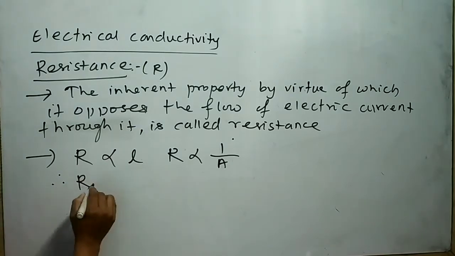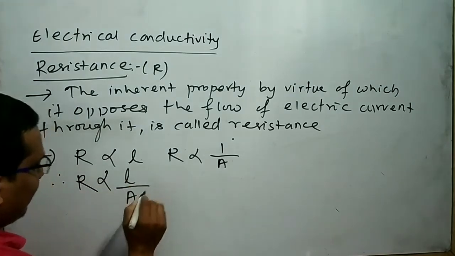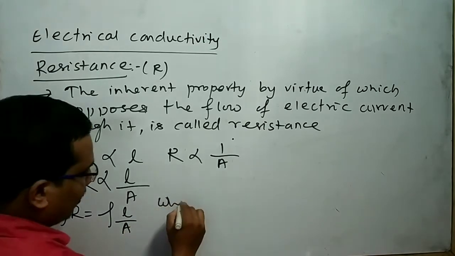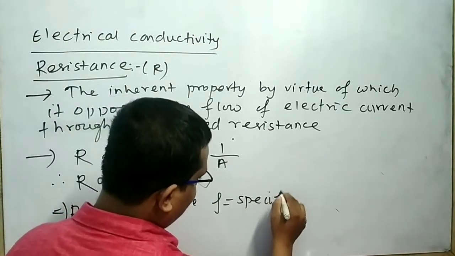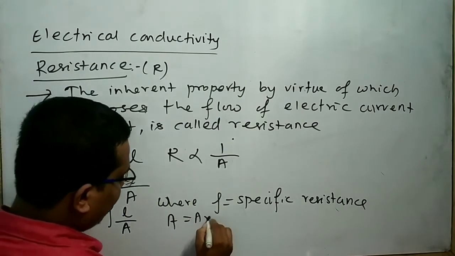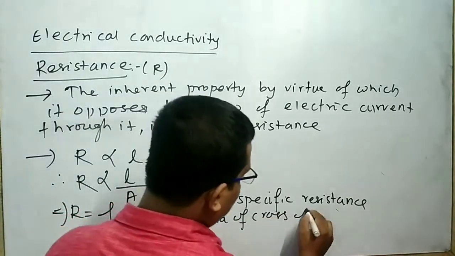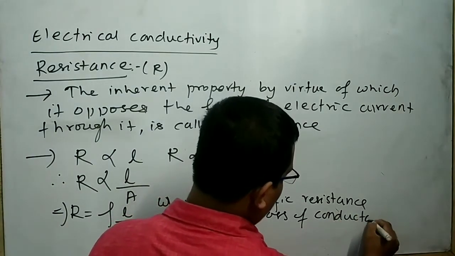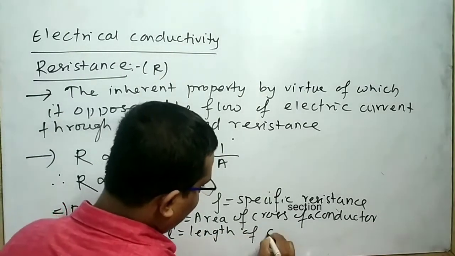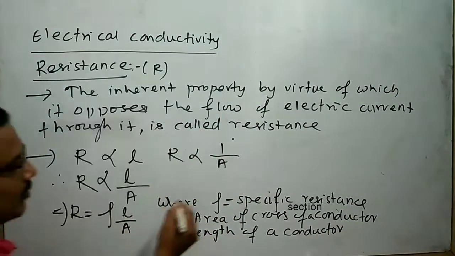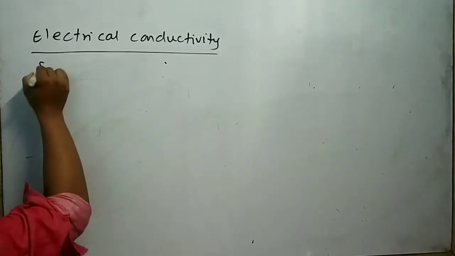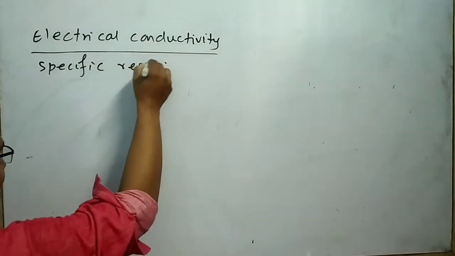Therefore I can write resistance is proportional to length by area, which implies R is equal to rho into L by A, where rho is the specific resistance, A is the area of cross section of the conductor, and L is the length of the conductor. The unit of R is ohm.